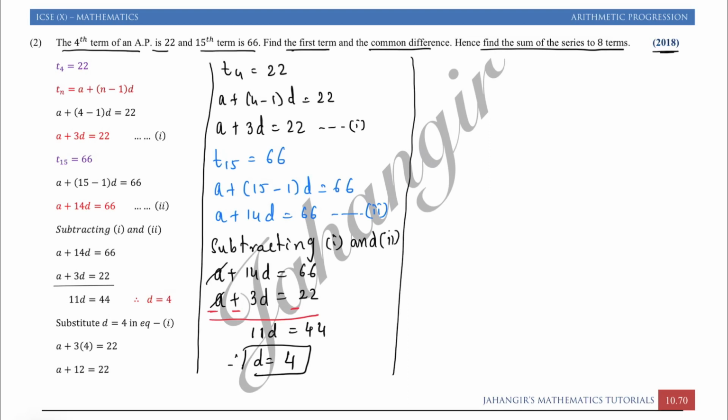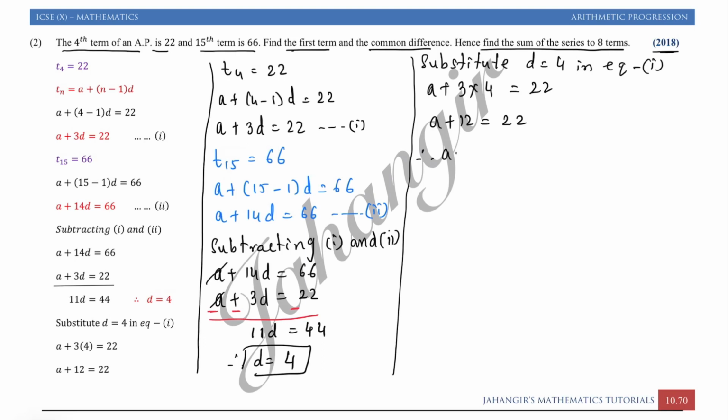Now we can substitute this value of D in equation 1. Even you can substitute this value in equation 2 also. So substitute D is equal to 4 in equation 1. So in equation 1, we have A plus 3 into 4 that is equal to 22. A plus 12 is equal to 22.